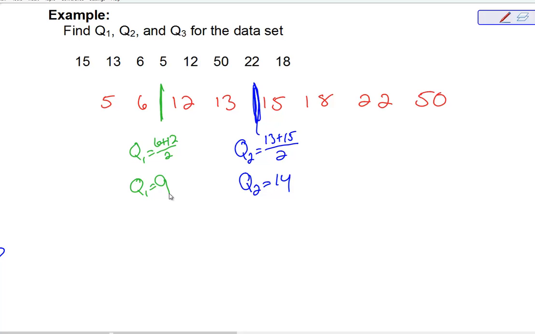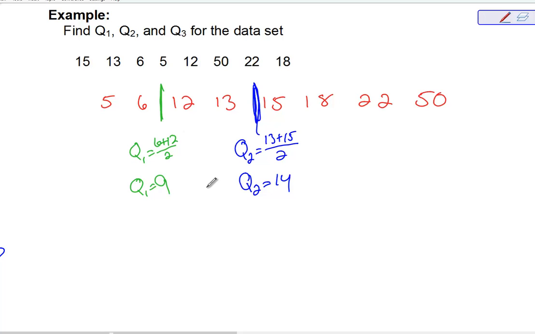I do the same thing for the upper half. Again, I'm including 15. I'm not going to include 14 because 14 is actually the Q2, but I will include the 15. So I'm going to look at 15, 18, 22, and 50 and get the middle number there, which is between 18 and 22.